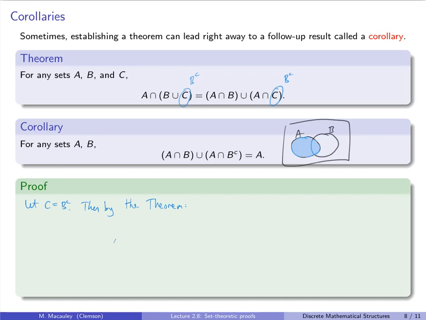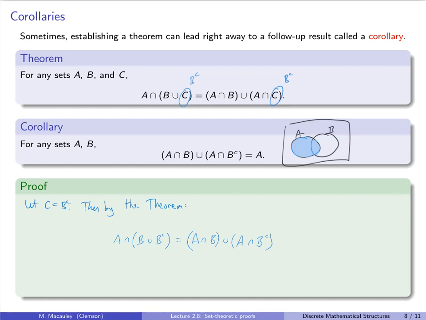We get that A intersect B union B complement equals A intersect B union A intersect B complement.